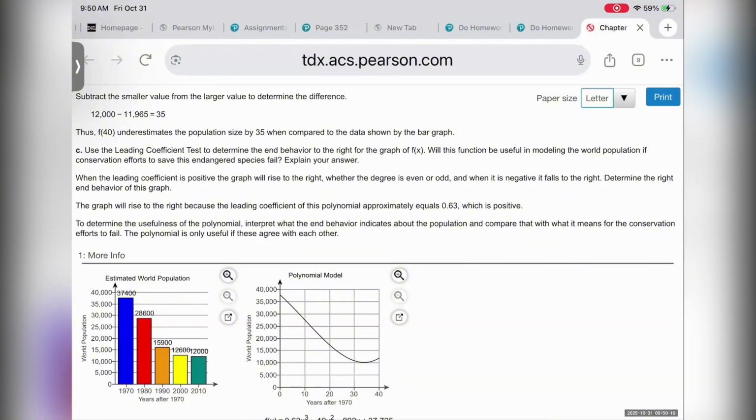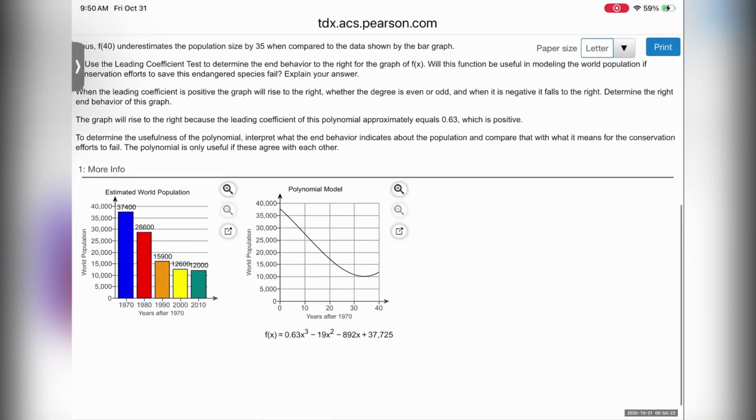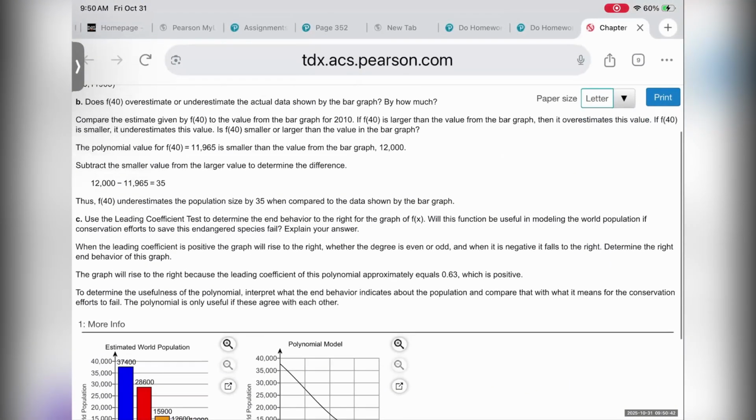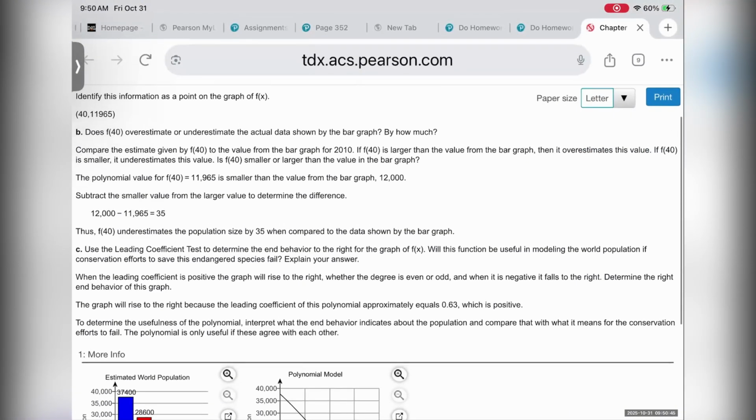Is there anything underneath the graphs? No. Because I'm trying to figure out what it actually is. It's telling you to interpret the behavior, but it's telling you the reasoning, but I'm not seeing. Oh, there it is. The graph will rise to the right because the leading coefficient of the polynomial approximately equals 0.63. So it rises to the right.